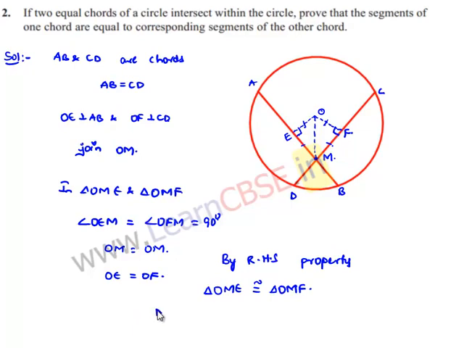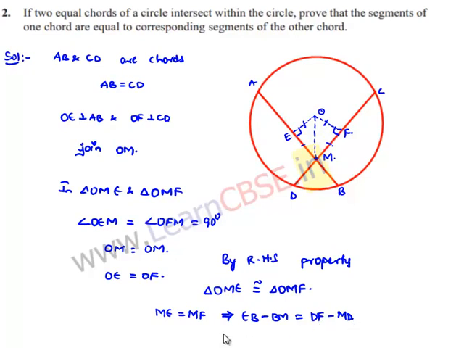Let us equate the corresponding sides, that is ME is equal to MF. That implies, instead of ME, we can write EB minus MB, that is equal to, instead of MF, we can write DF minus MD.